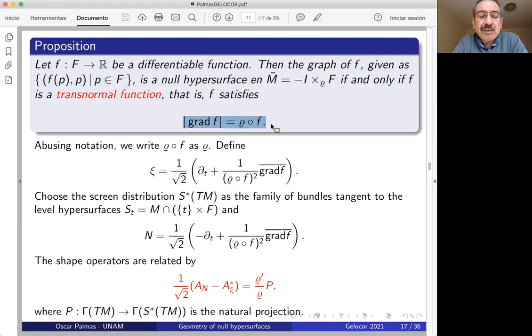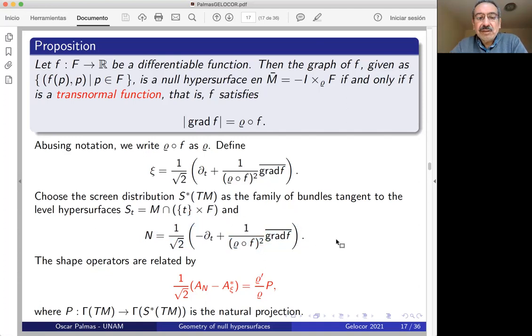So it is called a transnormal function. In this case, we have this expression for the vector field psi, and this expression here for this vector field n.